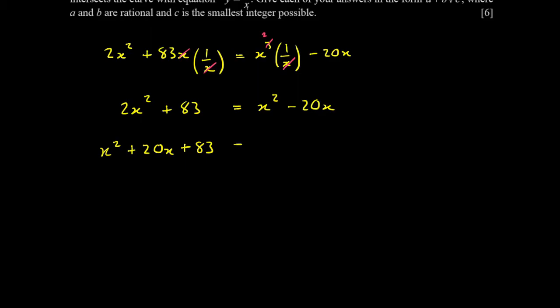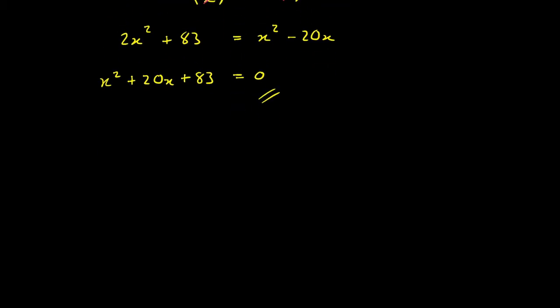Now, because we know we're going to have to give this in surd form, we know that this isn't going to factorize, so we've got to use the quadratic formula. What is the quadratic formula? x is equal to minus b plus or minus the root of b squared minus 4ac all over 2a. So we just got to substitute that into here.